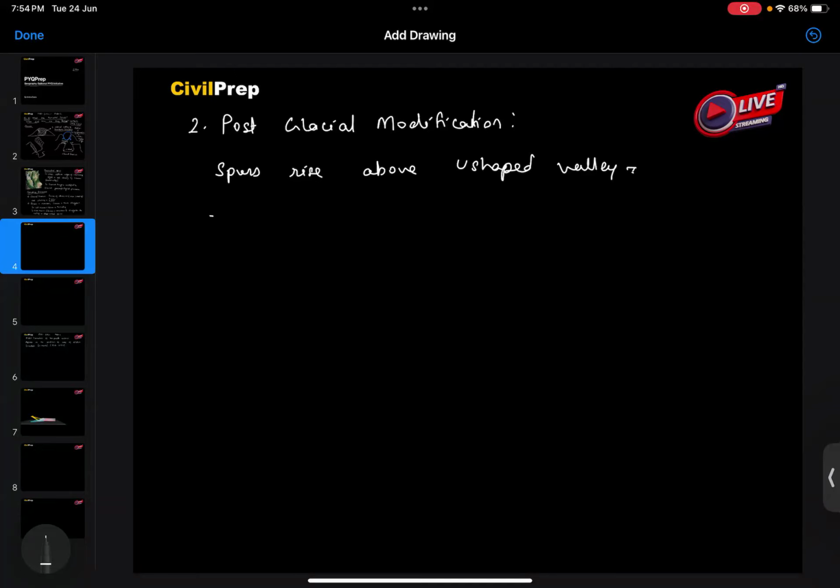Here we can take certain examples. For example, the Lake District in the United Kingdom, also called Langdale Valley. Then in the Alps, we have numerous glacial valleys.